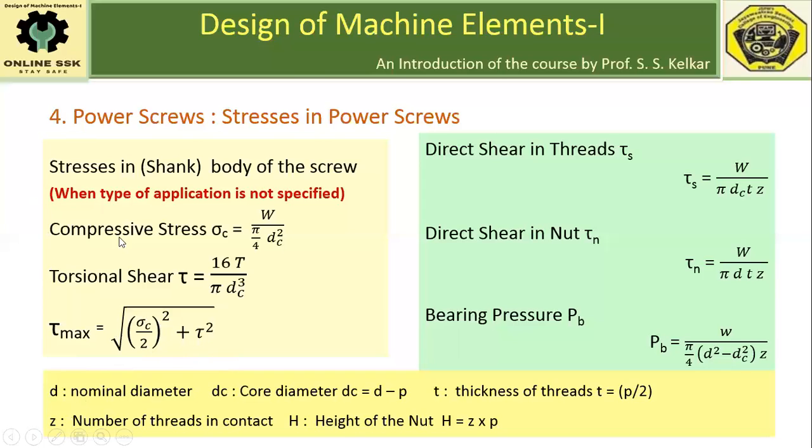So here, as the shank or body of the screw is subjected to direct compressive stress and torsional shear stress, their resultant or equivalent maximum shear stress according to the maximum shear stress theory will be given by tau max is equal to the square root of (sigma c upon 2) square plus tau square. This is the maximum shear stress. We have to take it into account while designing the body of the screw or while checking the safety of the shank or body of the screw.